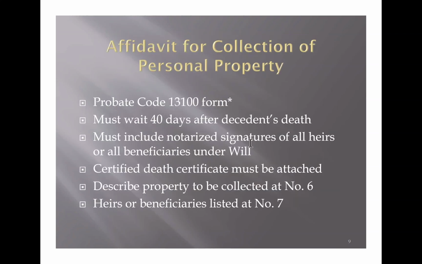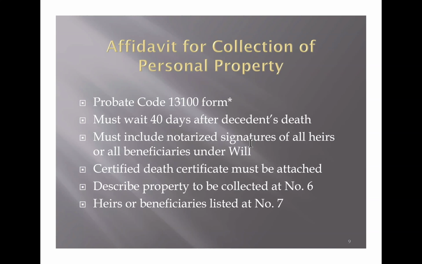Okay, so I'm going to talk a little bit about each of these procedures. The affidavit for collection of personal property, as I said, there's a sample form in the forms you can download. You have to wait 40 days after the decedent died. You have to have the notarized signatures of all the heirs or the beneficiaries under the will. And a certified death certificate must be attached. In the form that I have, at number 6, you just describe the property to be collected, like bank account number XYZ at Bank of America.